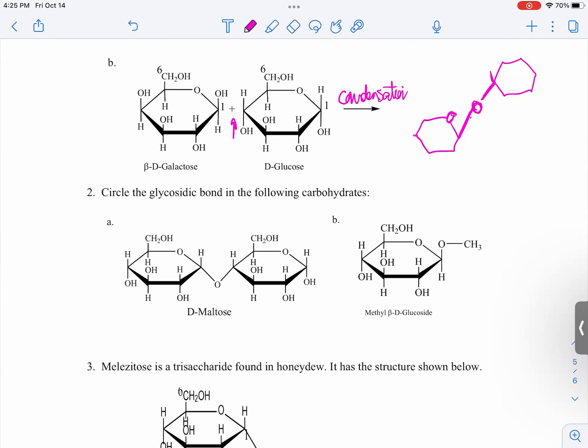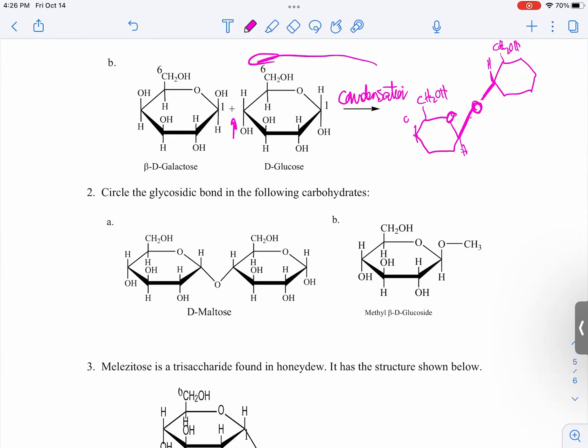And we're going to have our hydrogens just how they were. And you just fill everything else in the exact way it was over here.